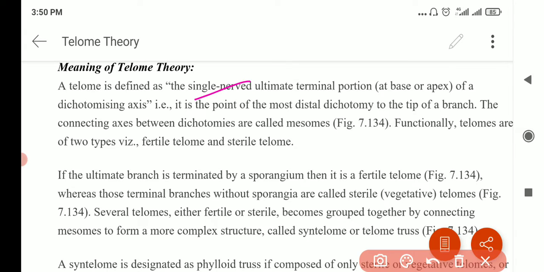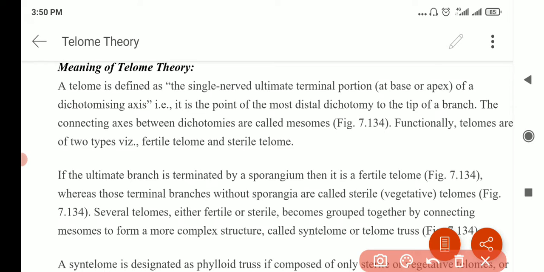Single nerved is just like I have nerves and blood vessels, even plants have nerves. Those are your leaf veins, okay? And inside the leaf vein is what? The xylem and phloem, okay? So it is the single nerve, and then till the tip, means the ultimate terminal portion of a dichotomizing axis. You understand?